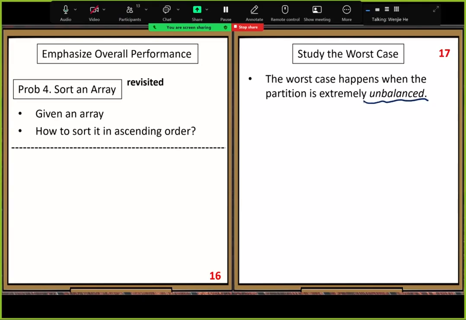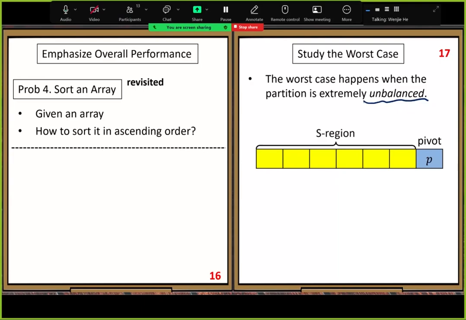So let's look at the most unbalanced partition result. Other than the pivot, all the elements are in one of the two regions. That gives two extremal cases. In the first extremal case, other than P, all the elements are in yellow color, the S region, so we call it the S case.